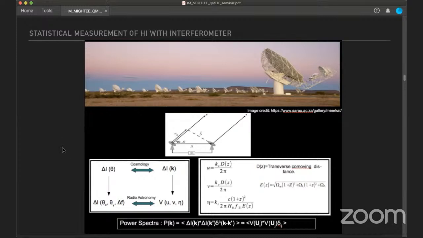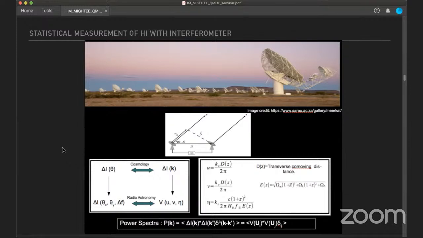Interferometers sort of give us a hybrid space that already is in the Fourier space, which I'm going to explain now. An interferometer is a collection of many telescopes, and if you know a little bit about interferometers, the signal from each of the antennas is cross correlated, and each antenna pair is called the base element of an interferometer, which is also called the baseline.